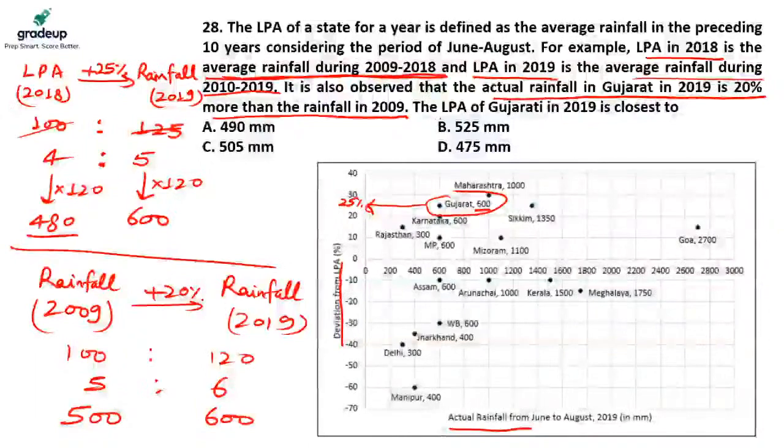Now, they're asking the LPA of Gujarat in 2019. LPA of Gujarat in 2019 is closest to what? By the way, if you remember, rainfall in 2009 was this much. LPA means average, right? So the average rainfall from 2009 to 2018, that is LPA of 2018, we just calculated, we found it to be 480, right?